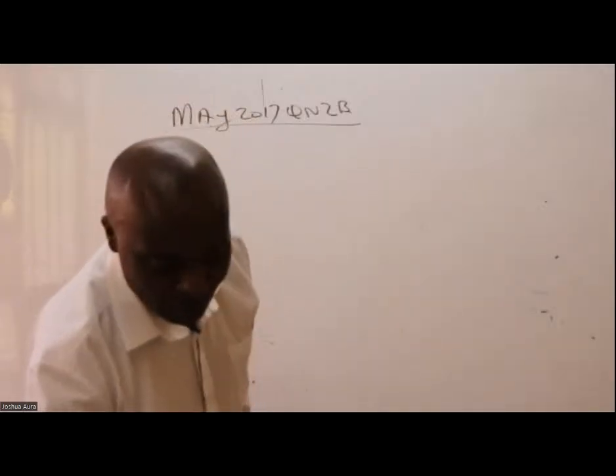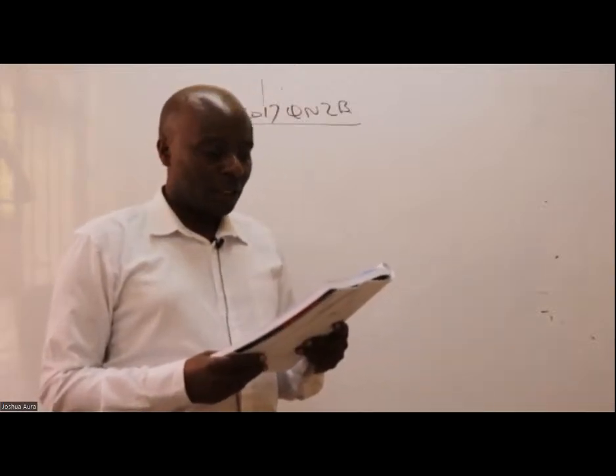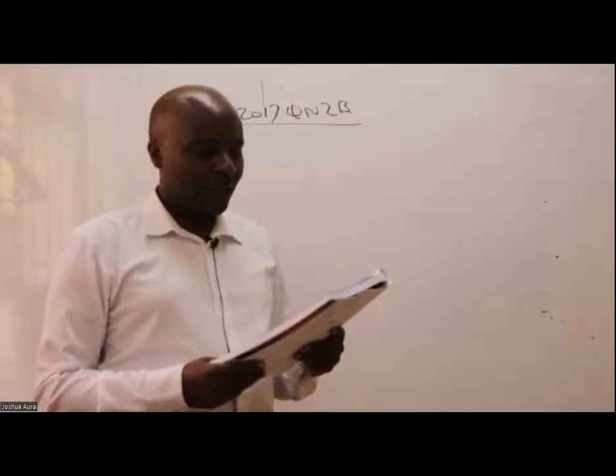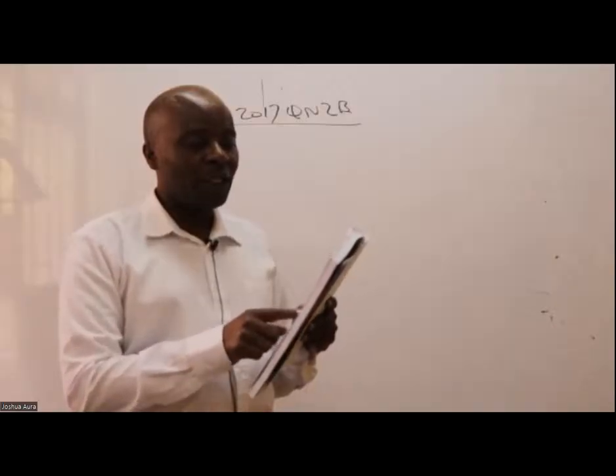So straight away, we need to come and read it. Always you start by reading the requirement. They want us to give them the expected profit to be earned from the product over its lifetime.